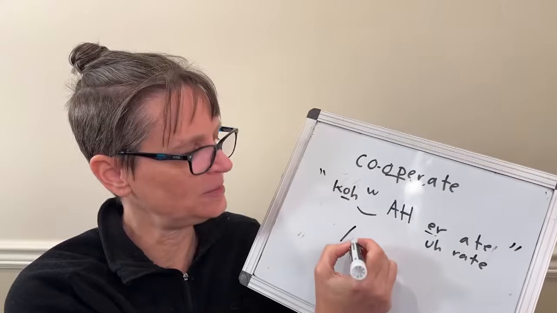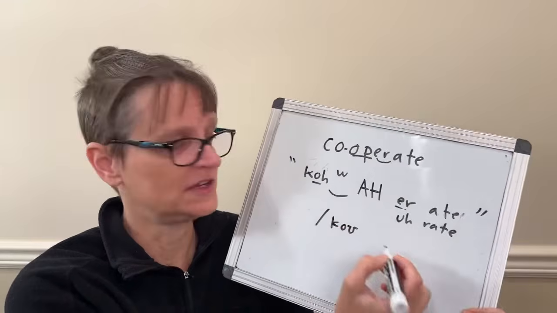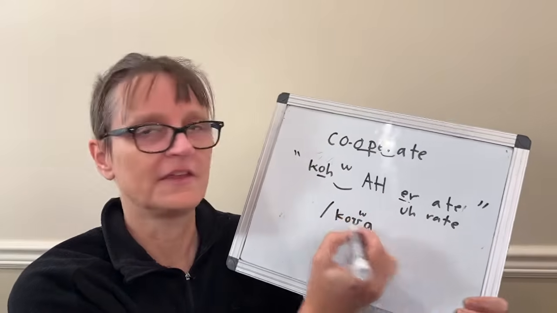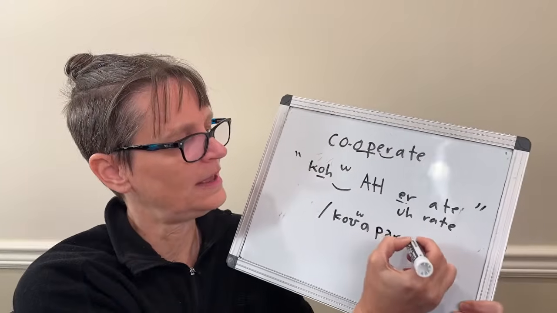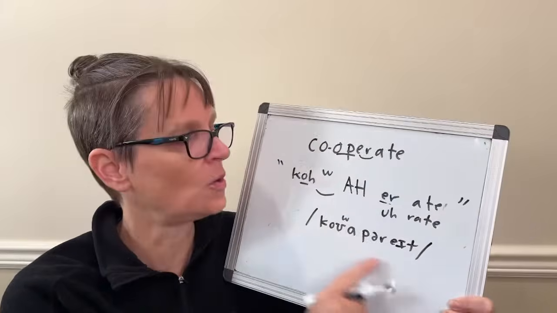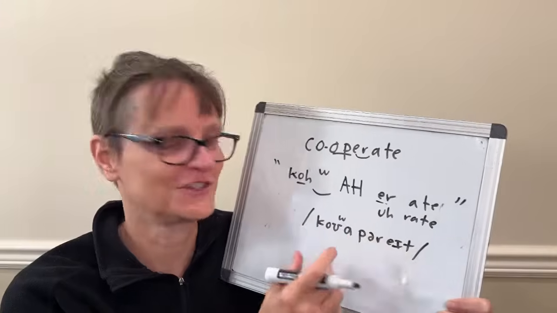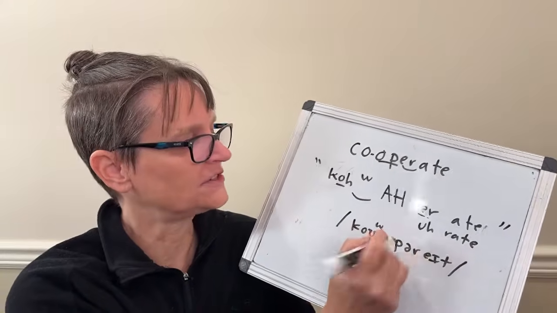You're not going to see the W in the dictionary. You're just going to see the O and the ah, but I'll write it there. That's what's happening. Cooperate, cooperating, cooperated, all the same stress on the ah syllable.